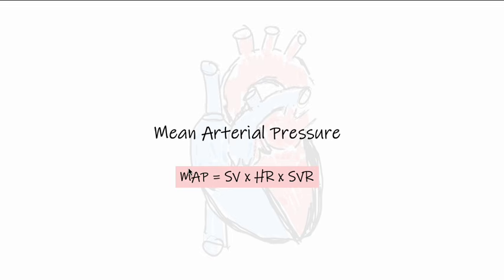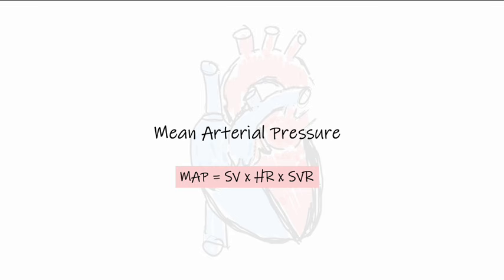So the formula is mean arterial pressure is stroke volume times heart rate times SVR. Now this is not a formula which is meant for plugging numbers into. This is a formula which is about relationships, and that's how we're going to address this as we move forward.